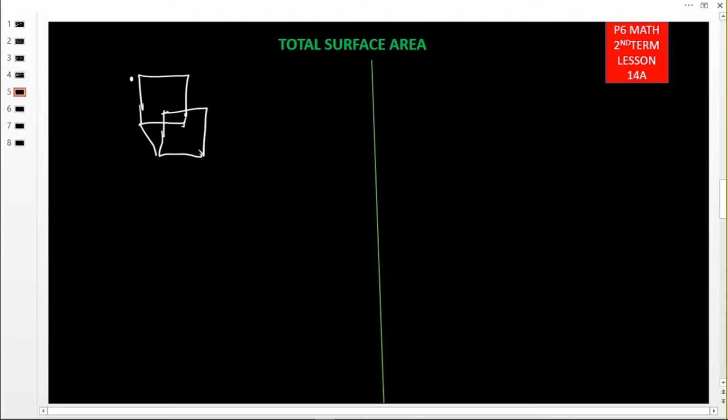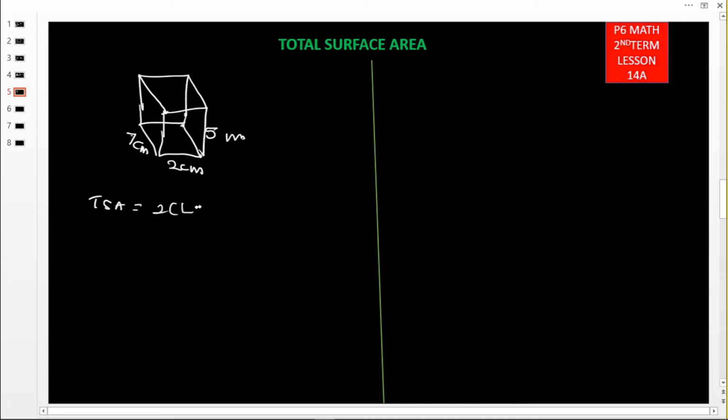Alright, so here we are having 2 centimeters, then here we are having 5 centimeters, and here we are having 7 centimeters. Now when you look at this one, you have to identify the sides. This is the width, this is the length, then this is the what? The height.